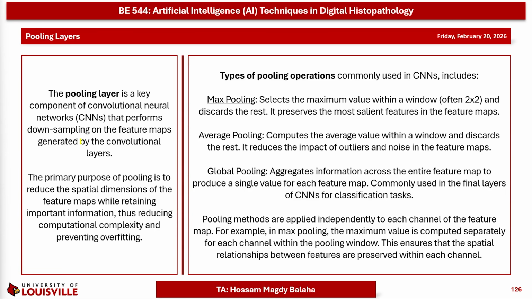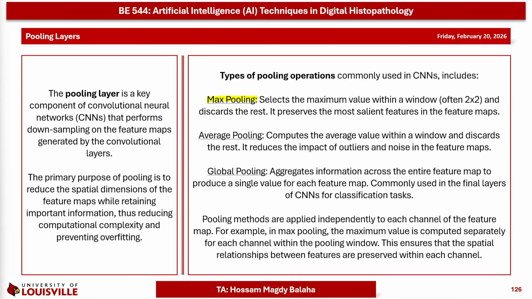Again, as mentioned, the aim of the pooling layer is to downsample the output feature map, aiming to keep the most important features and reduce the spatial dimensions of these output feature maps. Therefore, these layers can reduce the computational complexity and overfitting. There are multiple types of pooling layers or operations.